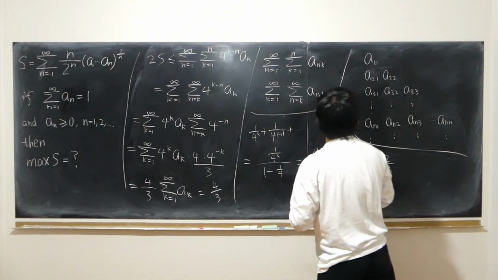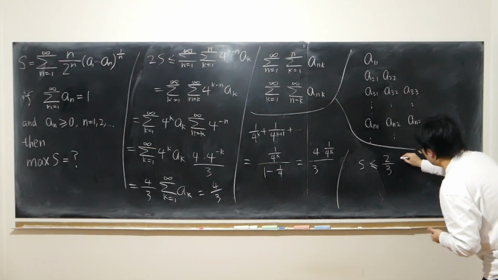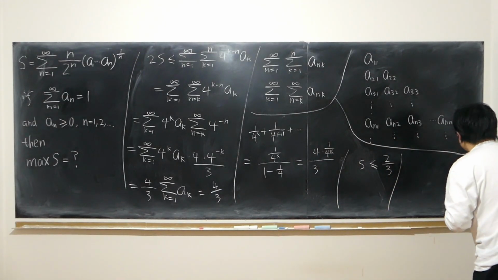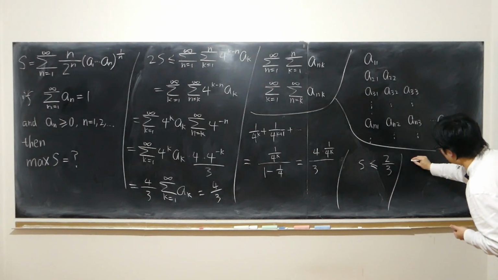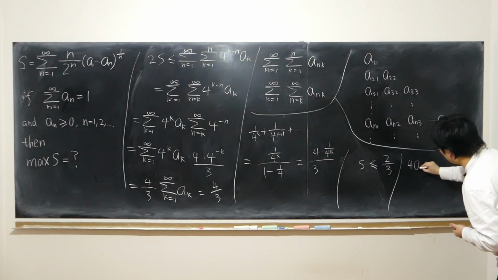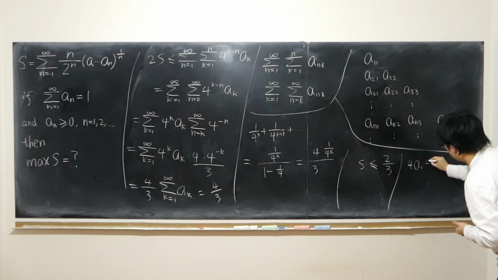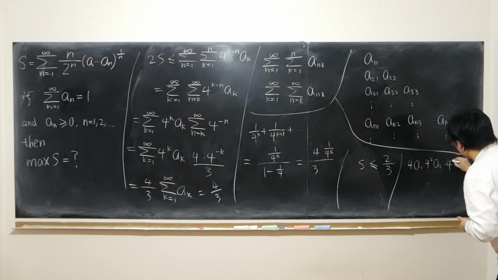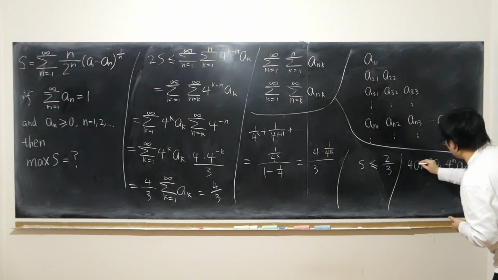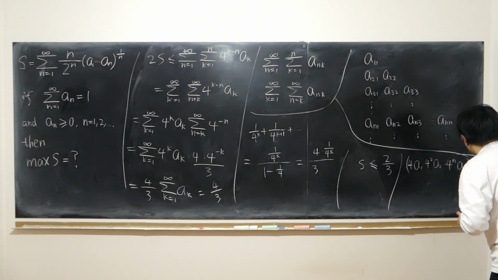So remember, what did I write previously? That's when I rewrite. Remember, I write 4 times a1 times 4 to the power of 2 a2 all the way 4 to the power of n an, something like that, to the power of 1 over n. Right?